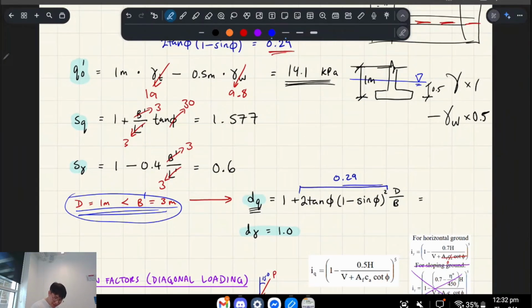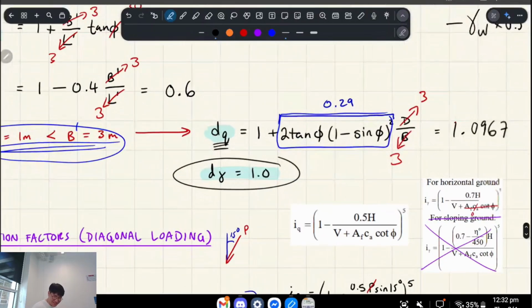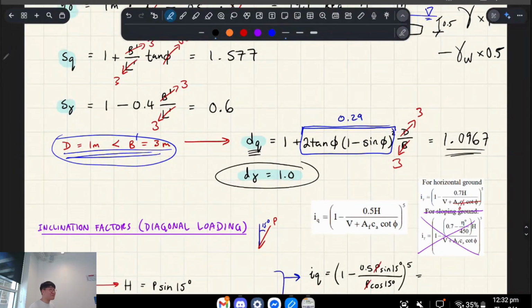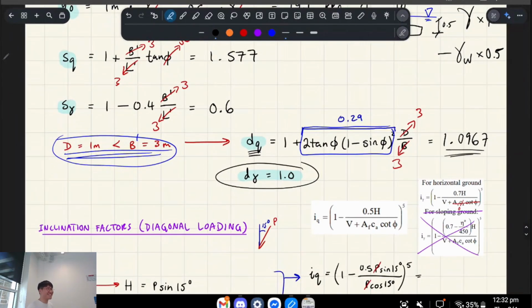This thing we found from the table to be 0.29. And then we plug in a D value of 3 and a B value of 3. Okay, and then D gamma is always 1. So this gives us 1.0967 for our DQ. All right.